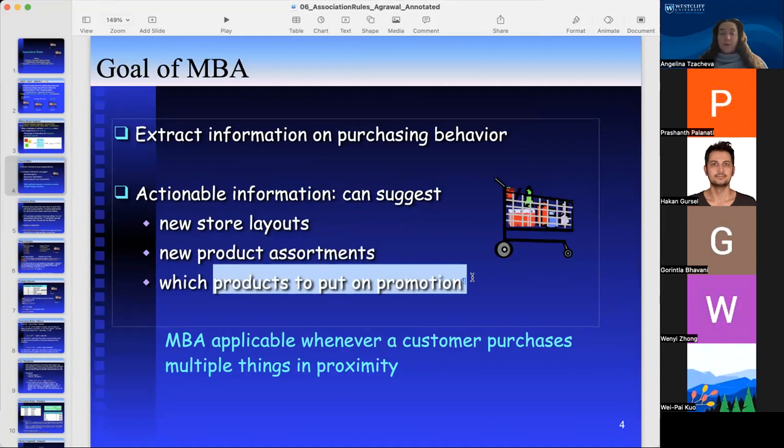We would immediately know that the pizza and the Coca-Cola are good together, or they like each other. Let's say if the customer was buying pizza but never bought Coca-Cola, we could put this item on promotion because we know he has a high chance of being interested in this item.